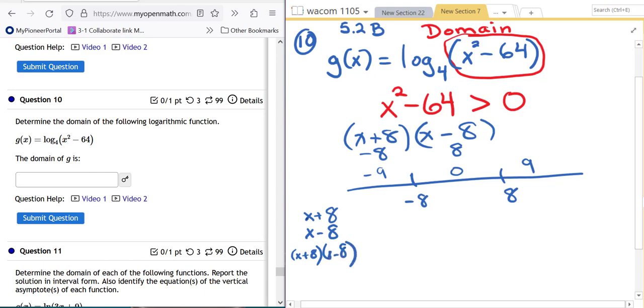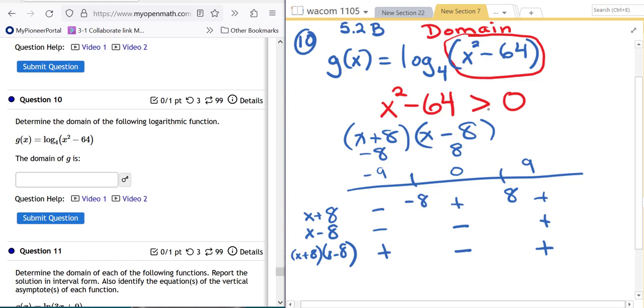So if I plug in -9 plus 8 gives me negative. -9 minus 8 is -17, and two negatives multiplied gives me a positive. Right? 0 going in. 0 plus 8 gives me a positive. 0 minus 8 gives me a negative, and multiplying a positive and a negative gives me negative. Plug in a 9. 9 plus 8 is 17. That's a positive. 9 minus 8 is 1. That's a positive. Multiplying two positives gives you a positive.